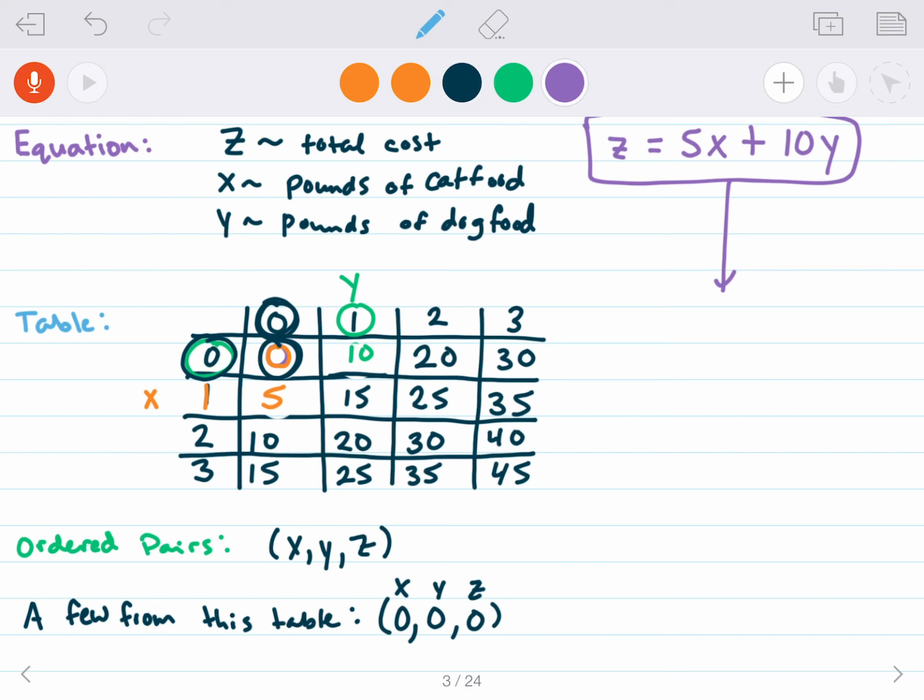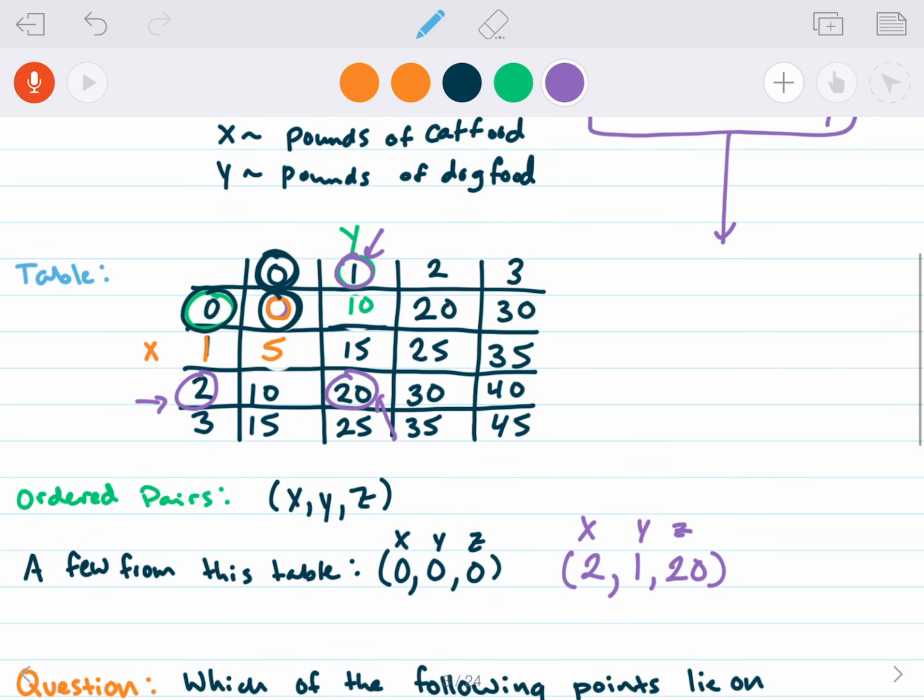Let's do another one. Let's do this one. So when x is 2, y is 1, z is 20. That's another ordered triple, x, y, z. Let's do one more. How about this one right here?